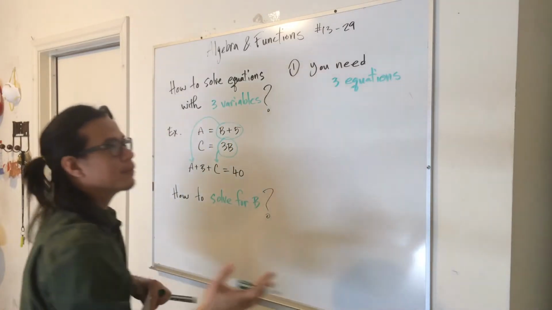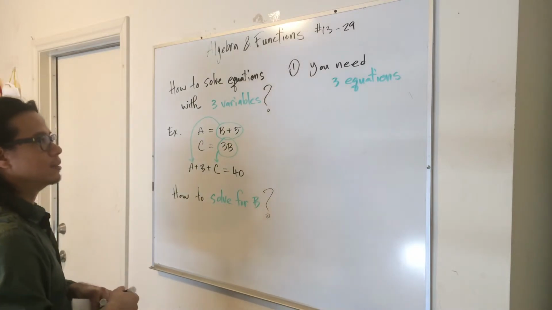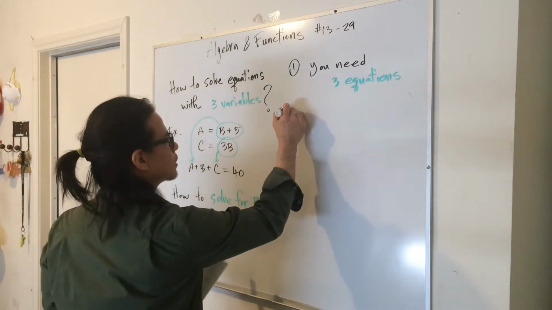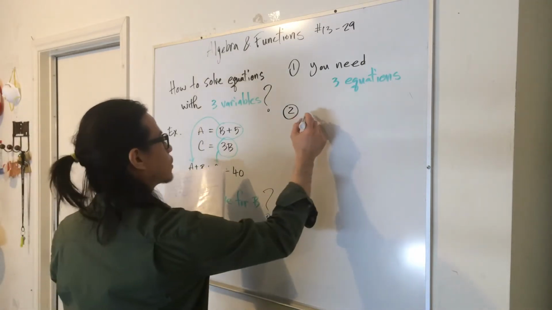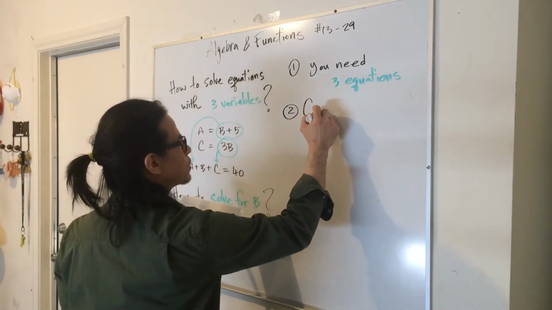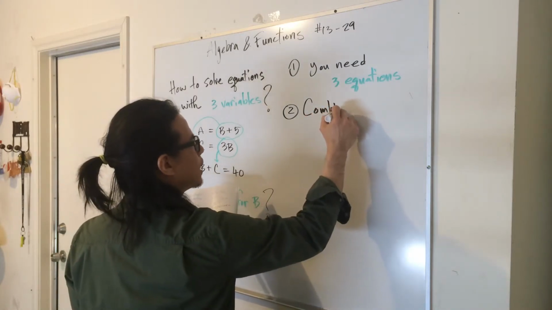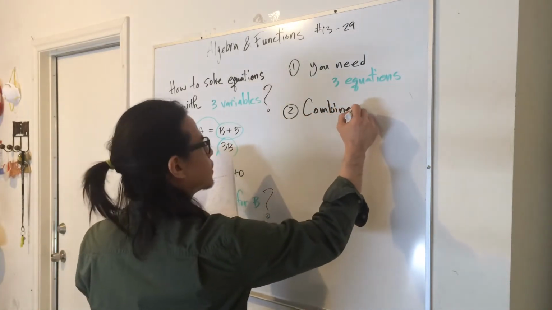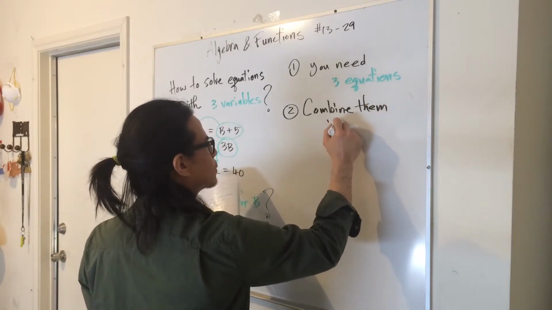If you are going to solve for an equation that has 4 variables, you will need 4 equations. That's the way it goes. So, step 2, we are going to combine the 3 equations into 1 equation. So, combine the equations into 1 equation.